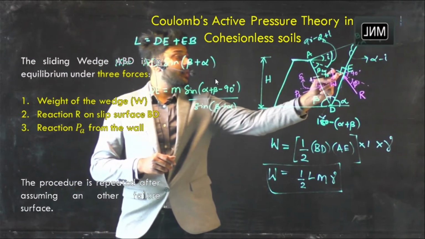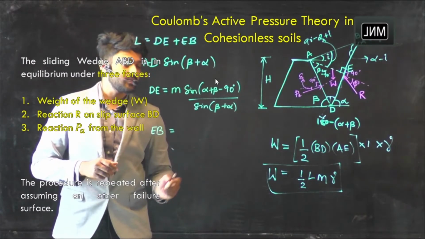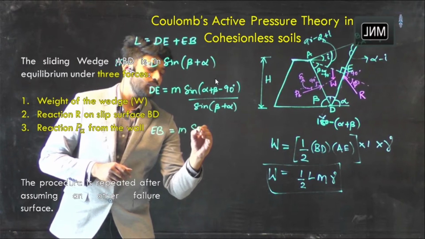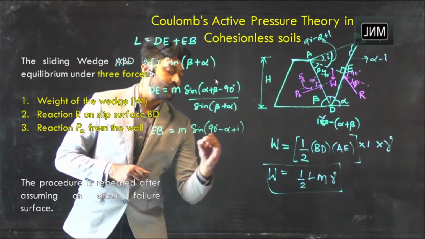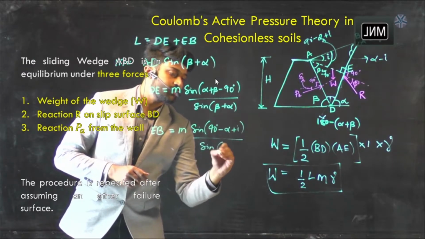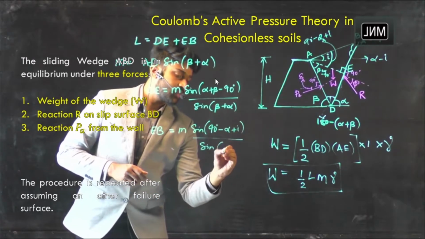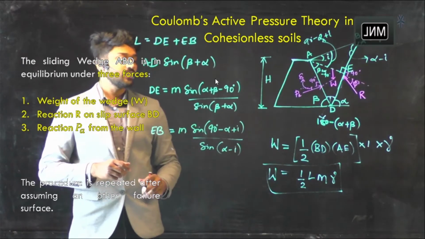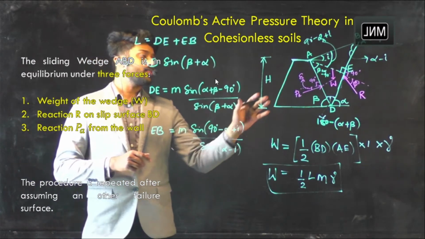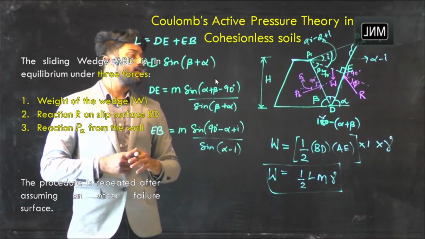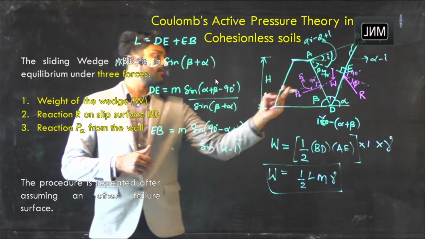And this length EB may also be obtained in a similar way, M into sine of 90 degree minus alpha plus I by sine of this particular angle, alpha minus I. Clear? So in this way we have obtained DE and EB as well as M in terms of beta, alpha and I, and here AD.